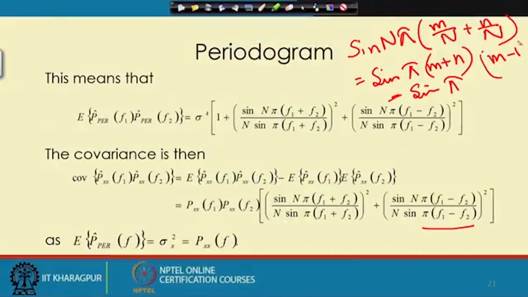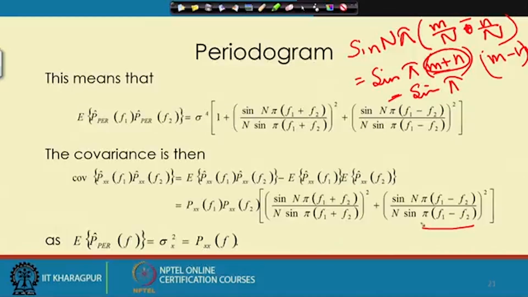Same is true for this one. There you will get the expression m minus n replacing m plus n, because we will have a minus here. So, again when m and n are integers and different, it will be the same as sine pi.